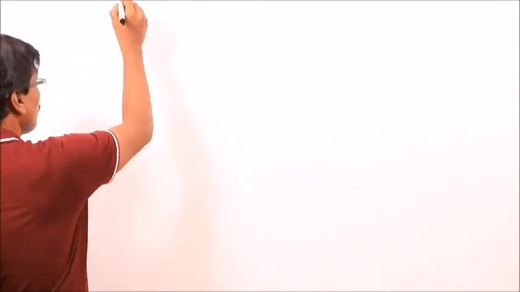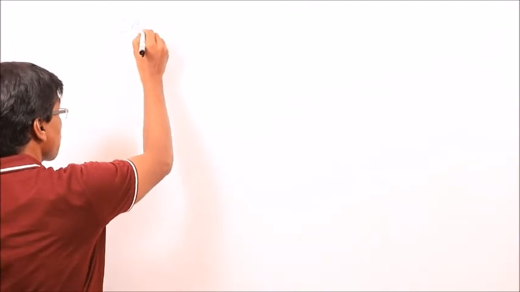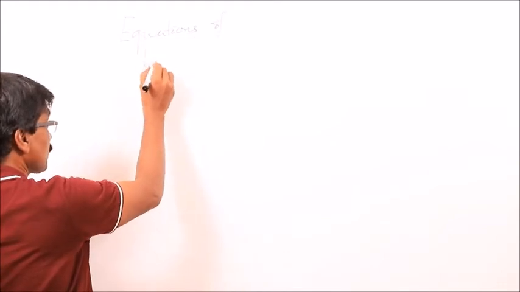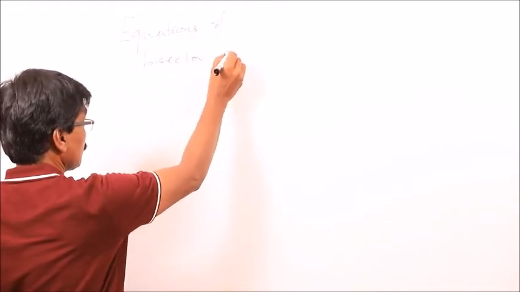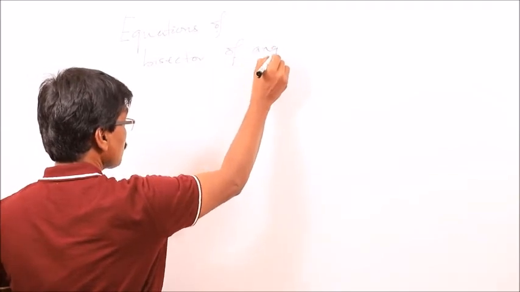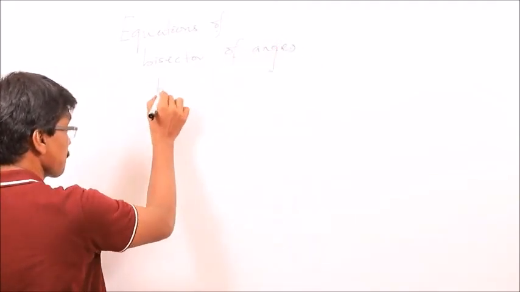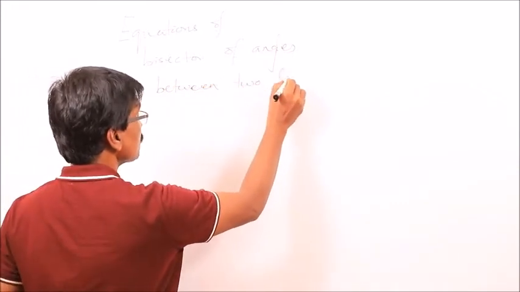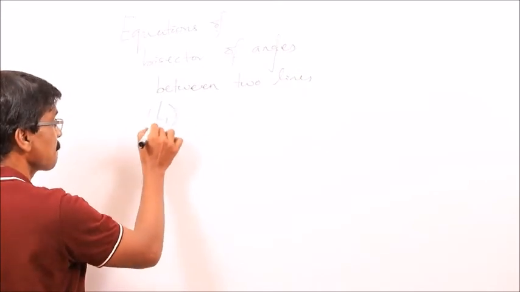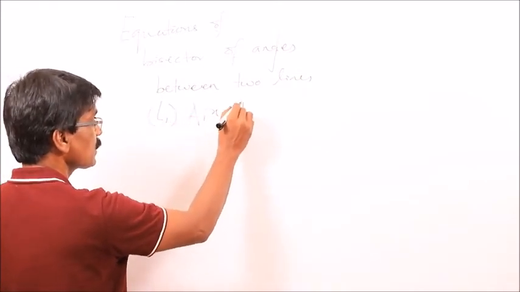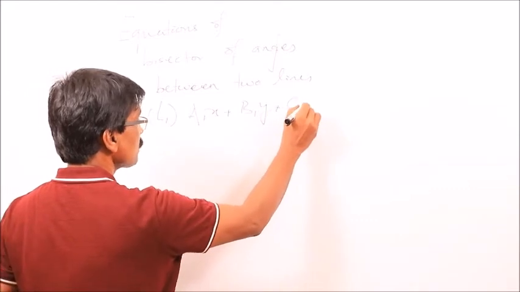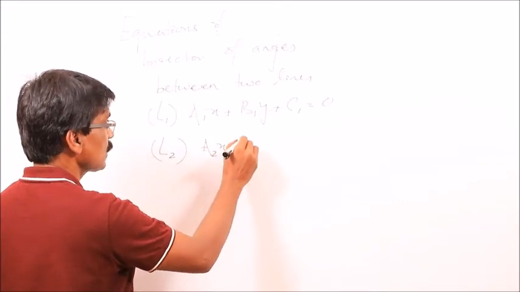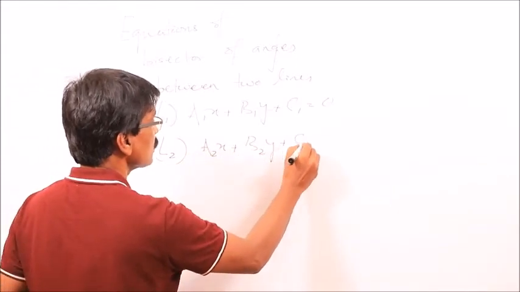Finally, we have equations of bisectors of angles between two lines L1, A1x plus B1y plus C1 is equal to 0, and L2, that is A2x plus B2y plus C2 is equal to 0.